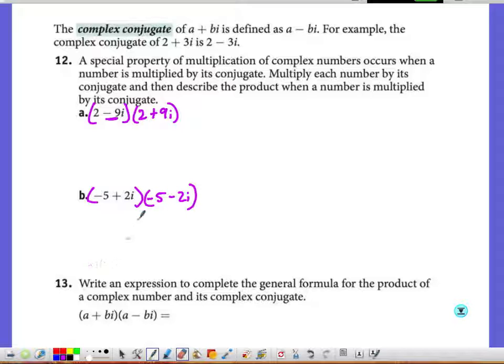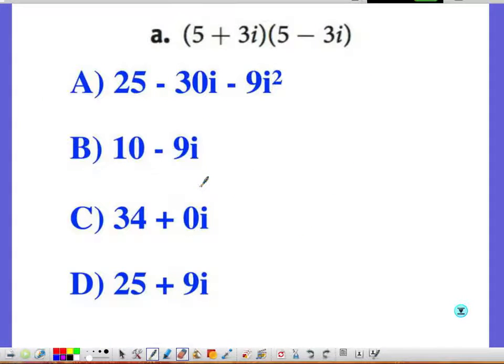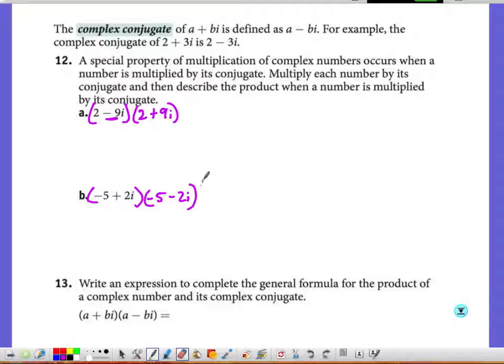Okay, now there is a pattern going on here. There's a pattern, and that pattern will enable us to find the answer of multiplying complex conjugates. So let's do this again. So we're going to distribute the 2.